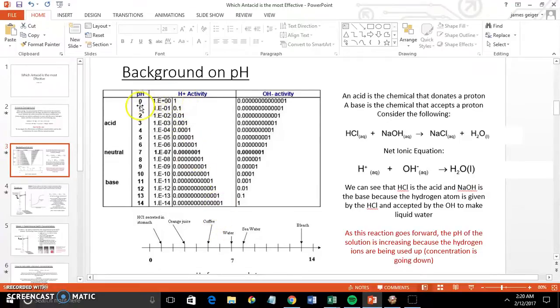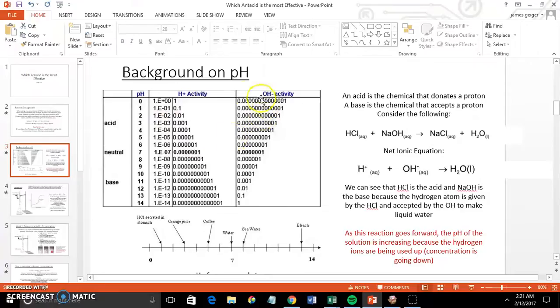We have a pH of 1, right? If we have just one order of magnitude less, we have a pH of 2. One order of magnitude less, 3, 4. So each number on this pH scale is actually an entire order of magnitude. It's 10 times larger. So a pH difference of 1 to 2 is actually 10 times larger.